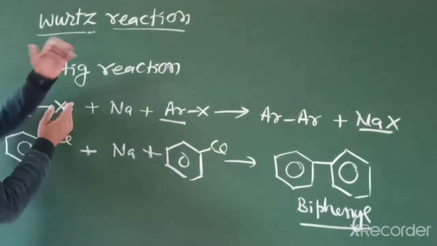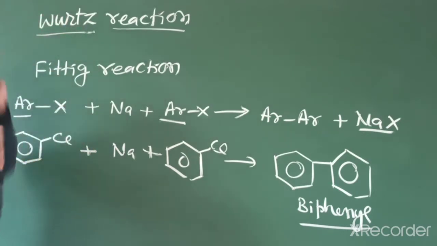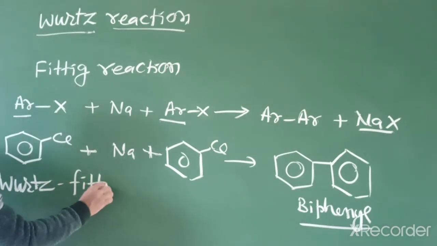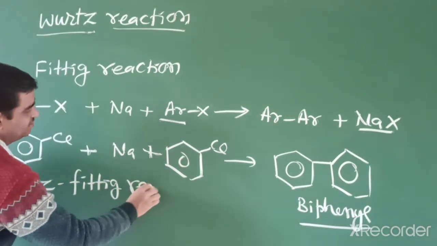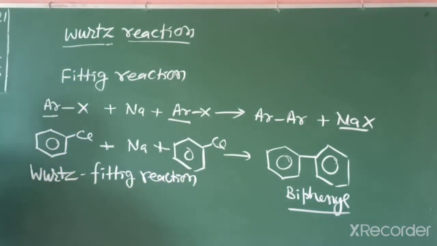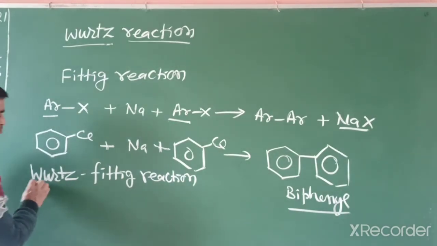Students, if we combine Wurtz and Fittig both, then the reaction name is Wurtz-Fittig reaction. It means one is an aliphatic halide and the other an aromatic halide, reacting with sodium metal.